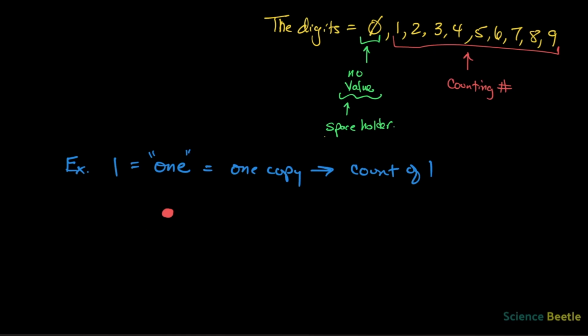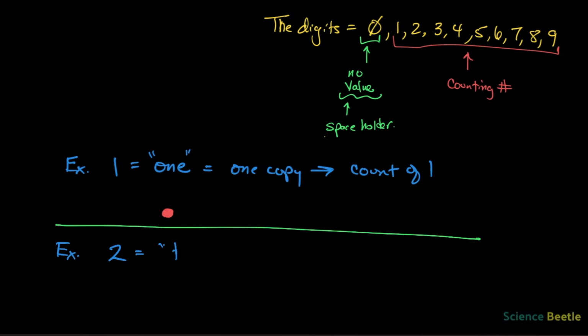Now, what if we had a slightly different scenario? Let's divide this out. What if we had another example where we have 2? Well, the 2 written out is TWO. This says that we have 2 copies. In other words, we have a count of 2.